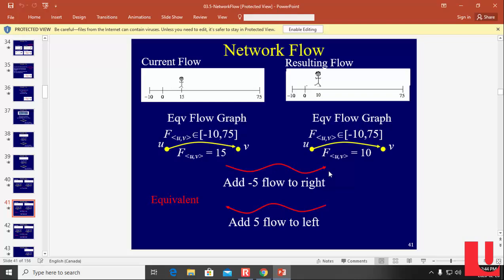Anyway, the point here is, you can imagine adding, if you add 5 in this direction, then the flow goes up 15. If I add negative flow in this direction, it goes down by 5, right? And so that's kind of the same as adding flow of 5 in this direction. Are you more or less getting it?